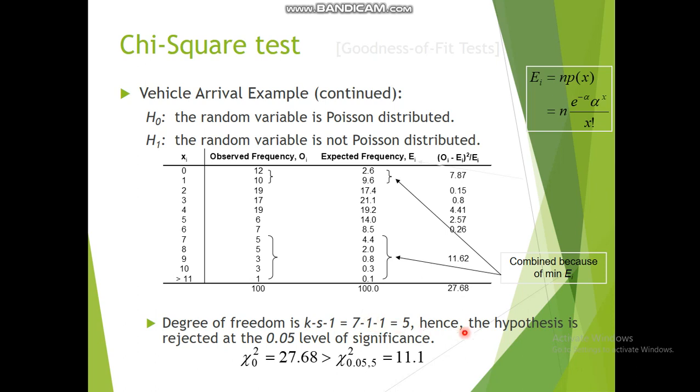Hence the hypothesis is rejected at the 0.05 level of significance, which is already given in the problem.